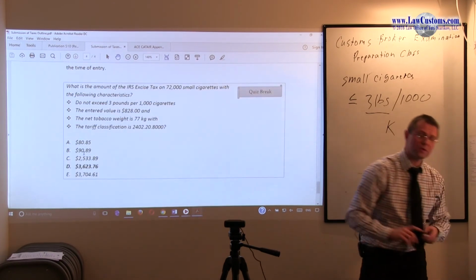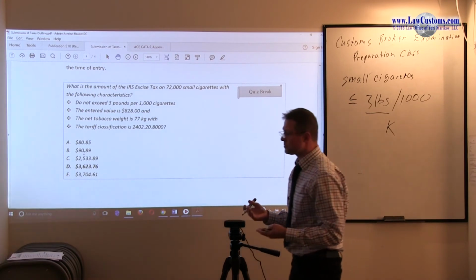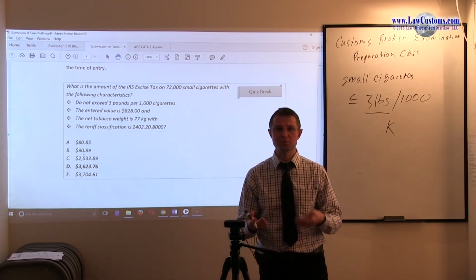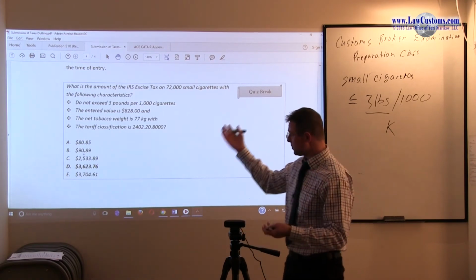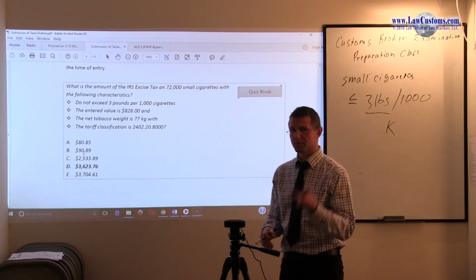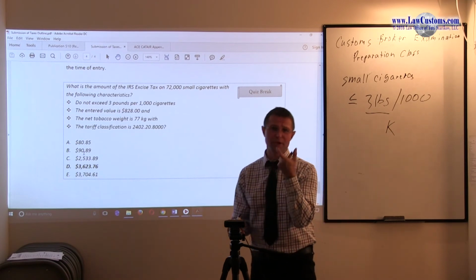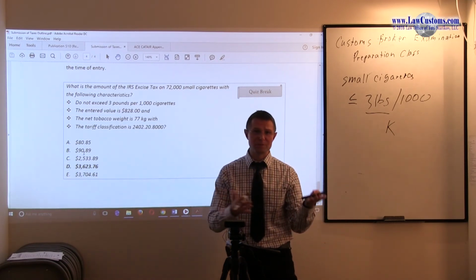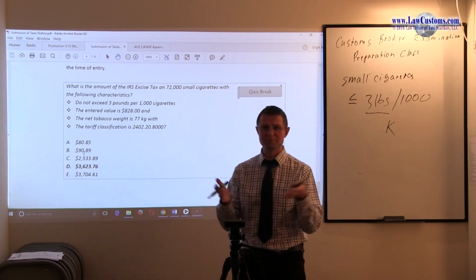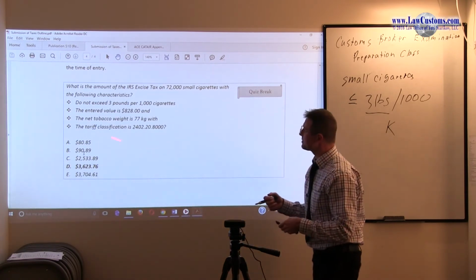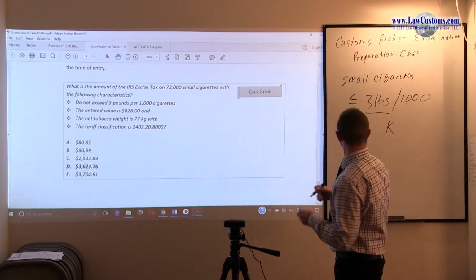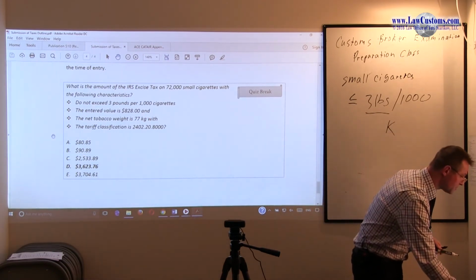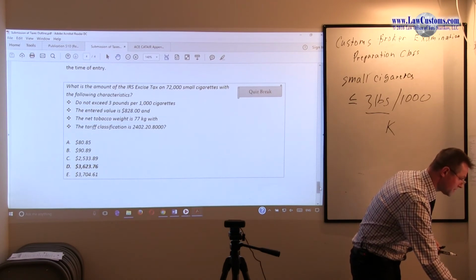Pretend you are a licensed customs broker, and you need to figure out how much tax you need to declare for your client for 72,000 small cigarettes. We're talking about stuff that you usually buy in a corner store, like Marlboro, Winston's, right? And so where do you start? We pin down the appropriate line item on the table. Next.